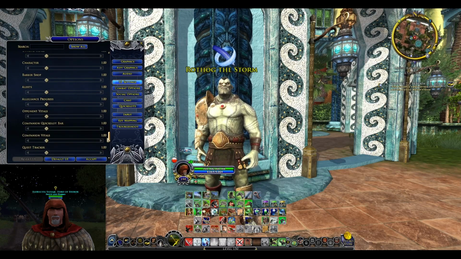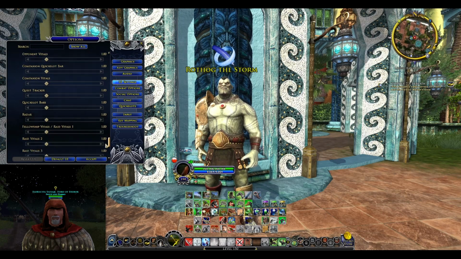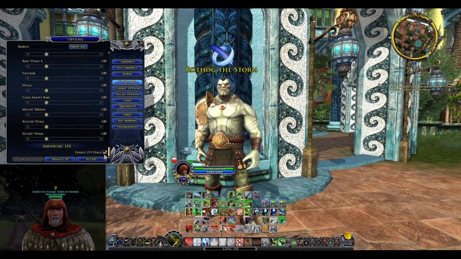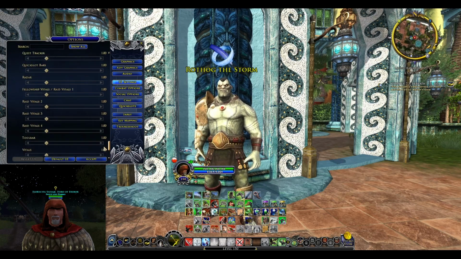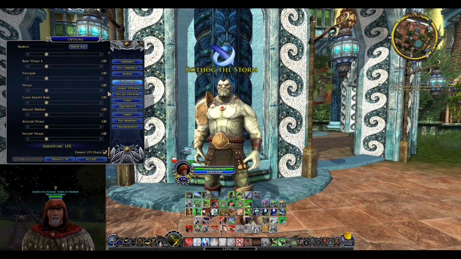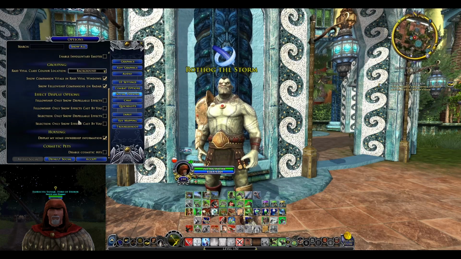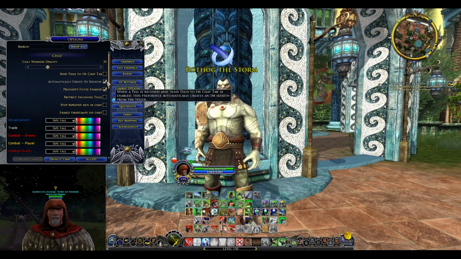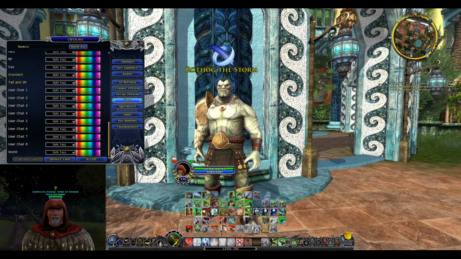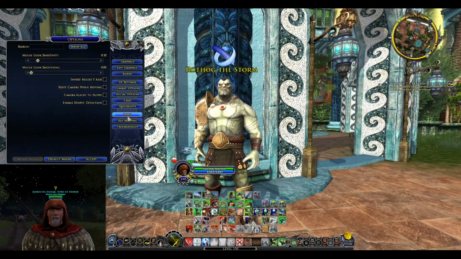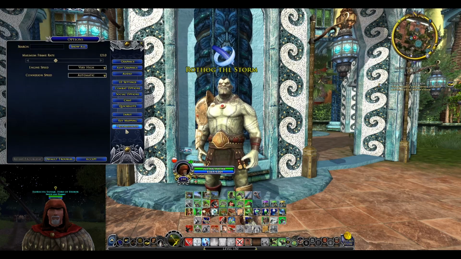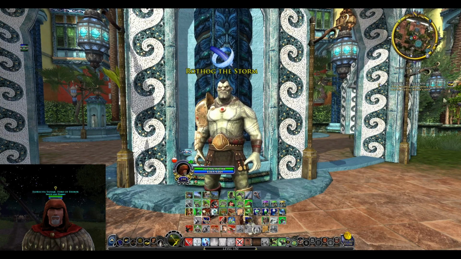Social. Alright, I gotta Google that. But there is a way to change the font size.